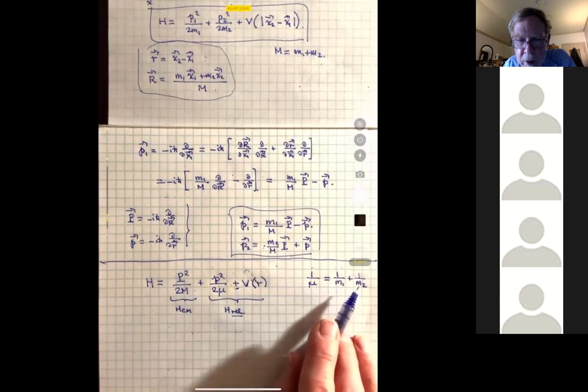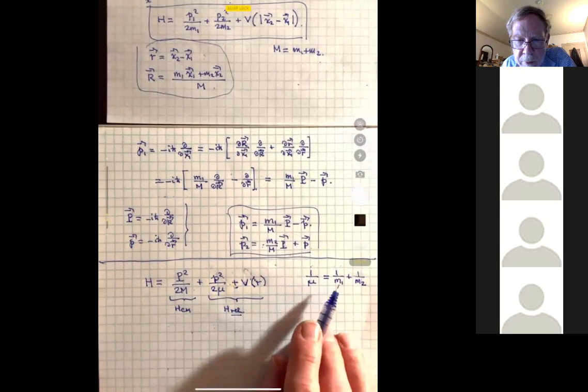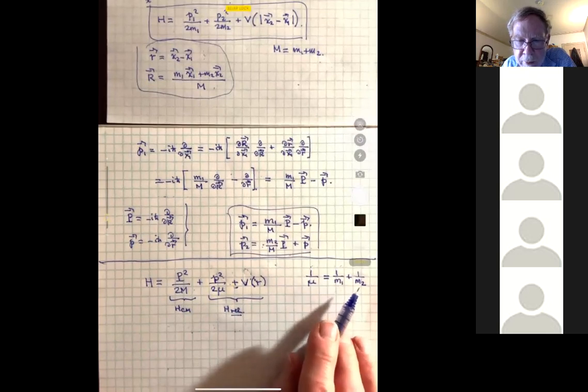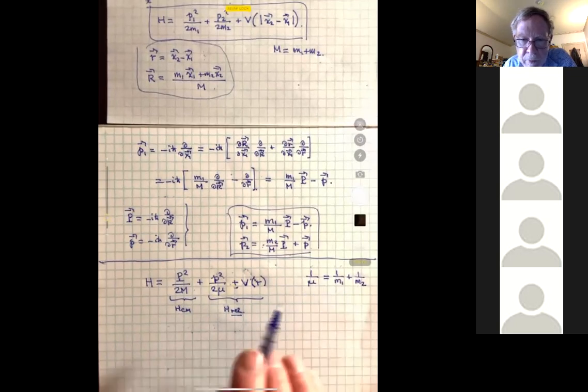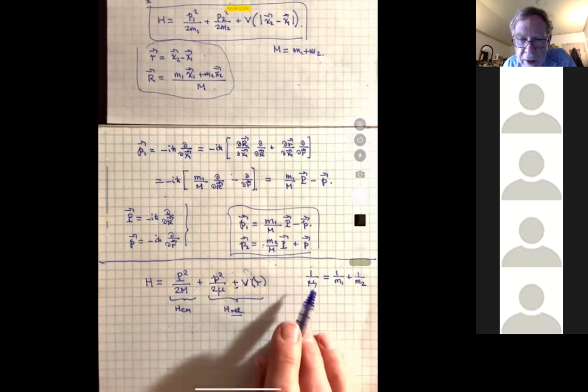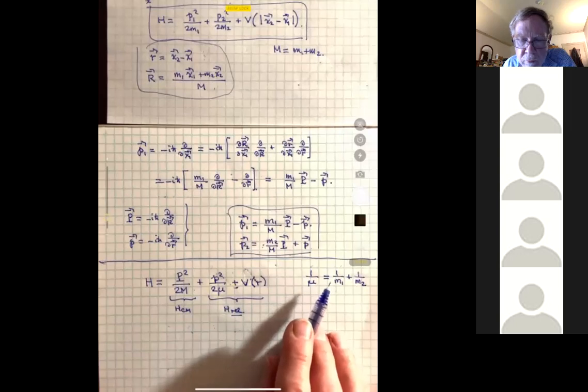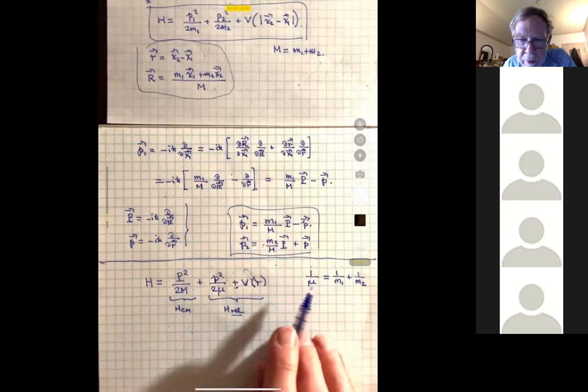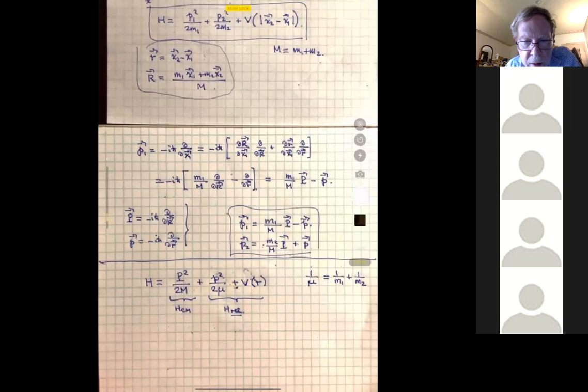For example, in hydrogen, in which the proton mass is much bigger than the electron mass, let's say m2 is the electron, then mu is approximately equal to the electron mass. On the other hand, if you have a diatomic molecule like O2, where the two atoms have equal masses, m1 and m2 equal to one another, then mu is equal to m over 2, and they're all comparable to one another. All right, in any case, this is what we get.